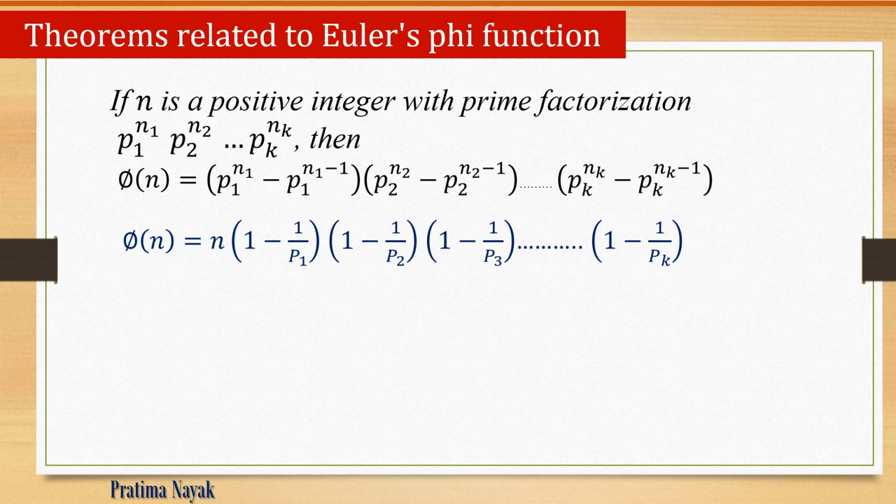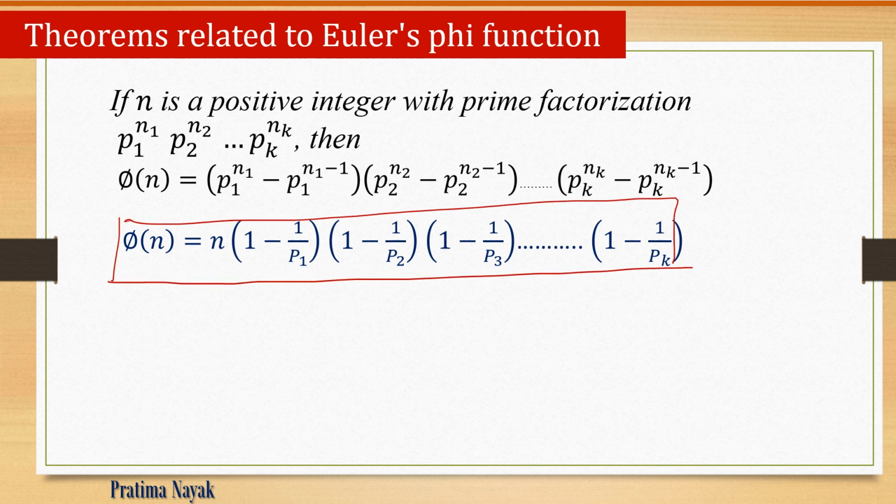If I take n common, we can write this in this way: phi of n equals n into 1 minus 1 over p1, into 1 minus 1 over p2, into 1 minus 1 over p3, and so on. So this is easier and simpler than the earlier formula. This is the derived formula, and most of the time we use this formula.